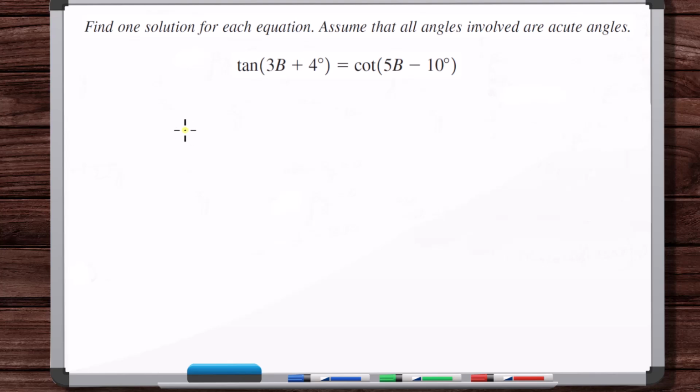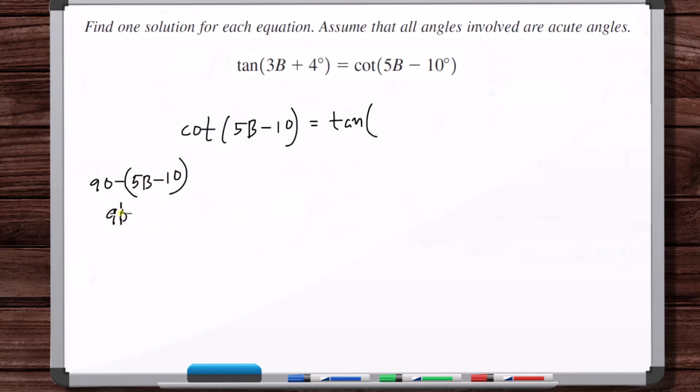Okay, same process. So I'm going to convert cotangent to tangent, but you could just as easily convert tangent to cotangent. So cotangent of 5b minus 10 is equal to tangent of, so we want to do 90 minus this entire angle.